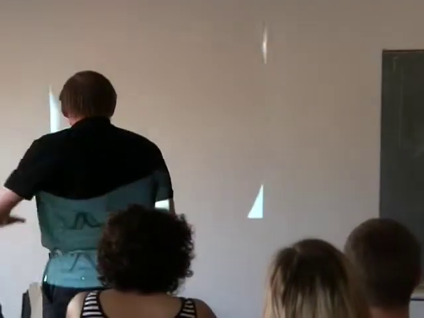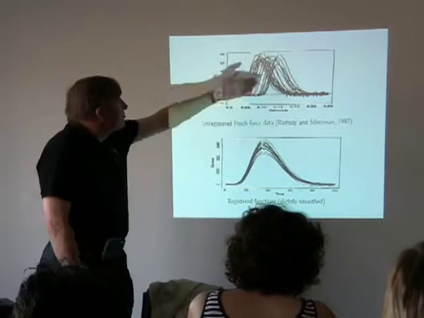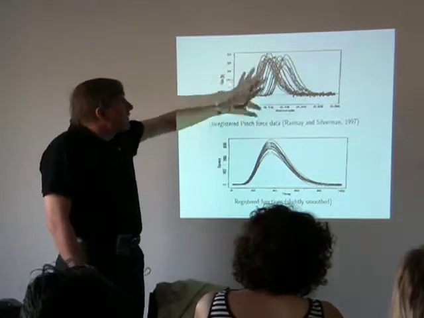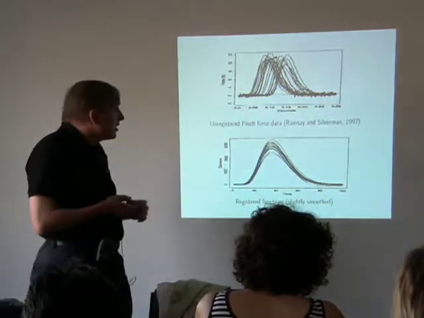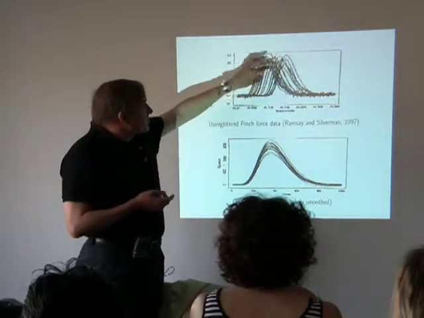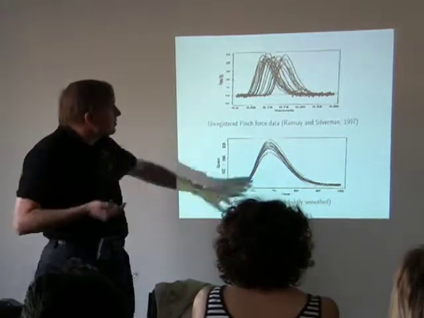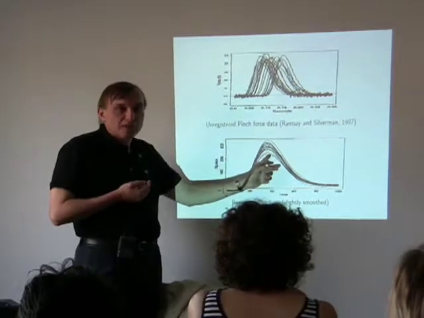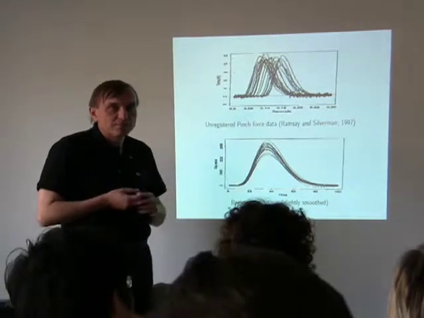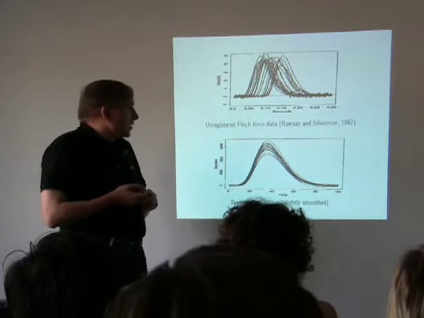And the idea is now to get rid of this variation, because if you take the average of that, it will have nothing to do with an individual curve. So registration warps everything to the same time scale, and you end up with something like that, where the peaks are at the same time.